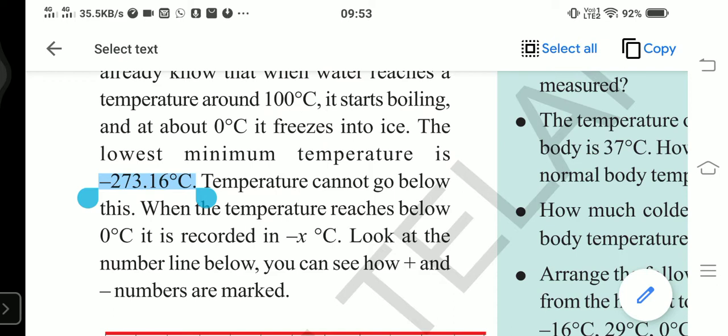So we have to use a thermometer that starts with the minimum lowest temperature, that is minus 273.16. When temperature reaches below 0 degrees centigrade, it is recorded on the axis.